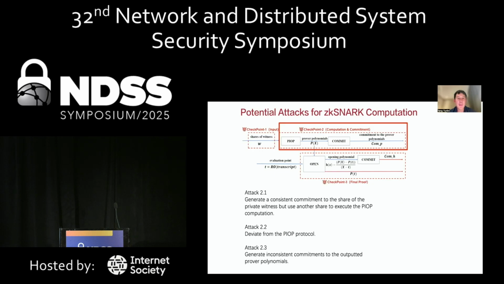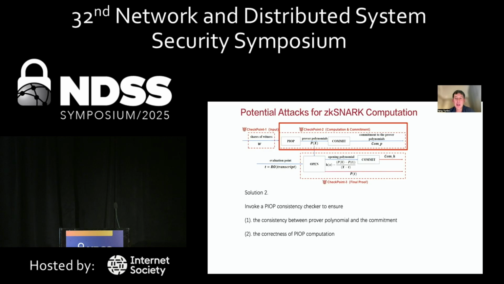The second potential attack for the zkSNARK computation is that in the PIOP computation phase, a malicious worker may generate a consistent commitment to the share of the private witness, but use another share to execute the PIOP computation, or deviate from the PIOP protocol, or generate an invalid commitment to the output prover polynomials.